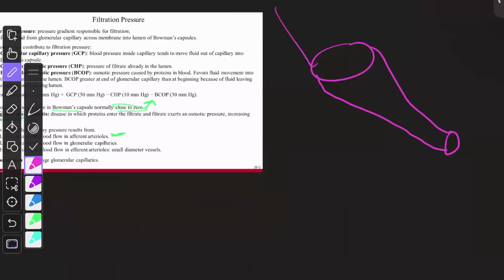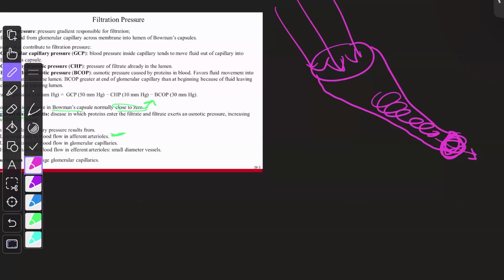So if I have lots of blood coming in and I have a little bit of blood coming out, I'm going to back up in here, right? That's going to increase the pressure. Everybody's trying to force their way out. The more blood comes in and the tighter the control I have at the other end, the more pressure I'm going to create. Okay.